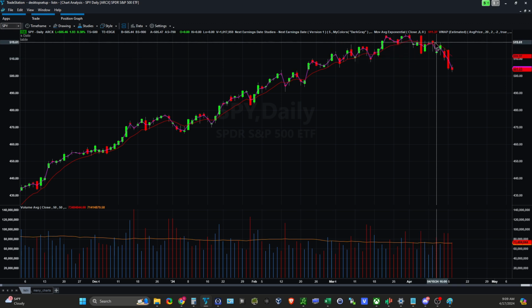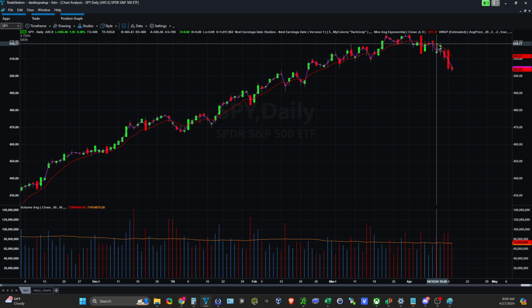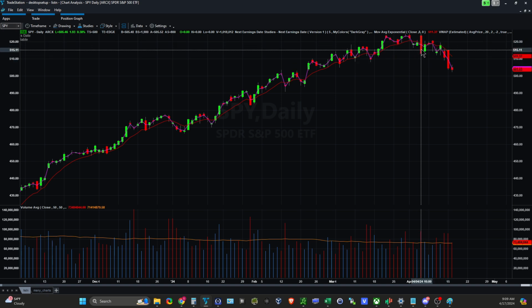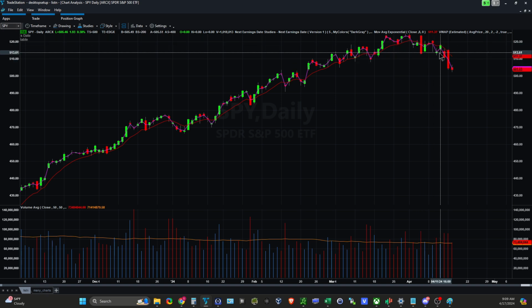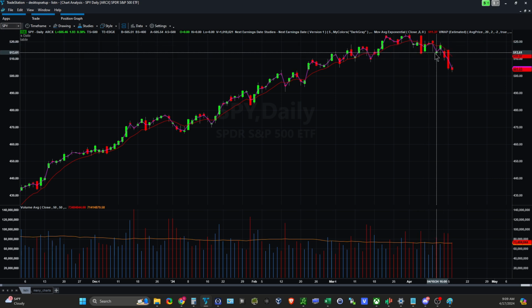The next day we basically did nothing. This day we opened here, went all the way down. Buyers defended it. It closed up here. And then starts the problems. This candle was a bull trap. It made it look like support might be in because it's been defending this range.